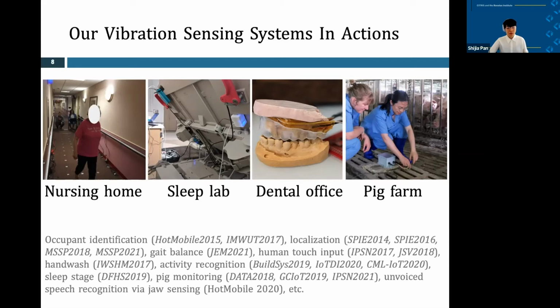We published a bunch of papers on different types of human and animal information acquisition as listed below, including occupant identity, location, gait balance, activity recognition, etc. While we're still continuing to explore new applications with vibration sensing, we also look into the gap between these research deployments and long-term large-scale monitoring.